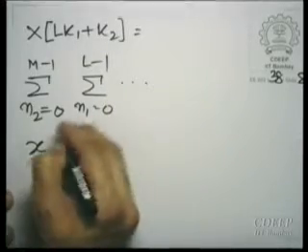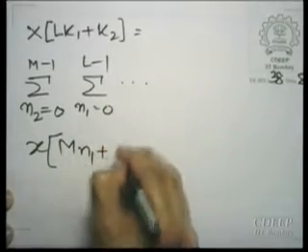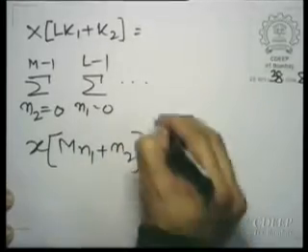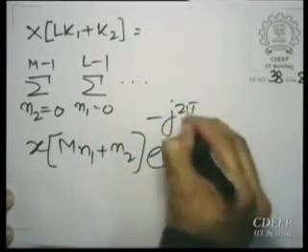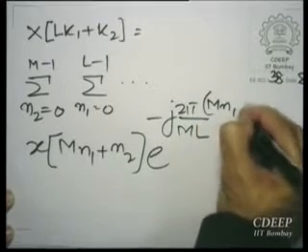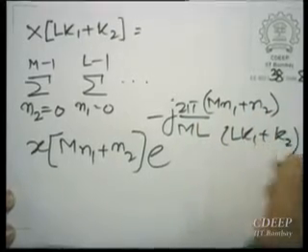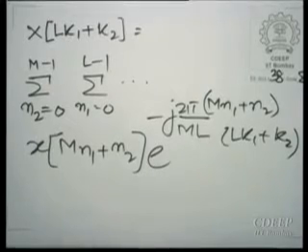Now I continue on the next line, x of M n1 plus n2 times e raised to the power minus j 2 pi by ML times M n1 plus n2 into L k1 plus k2. So we write it all in terms of k1, k2, n1 and n2.